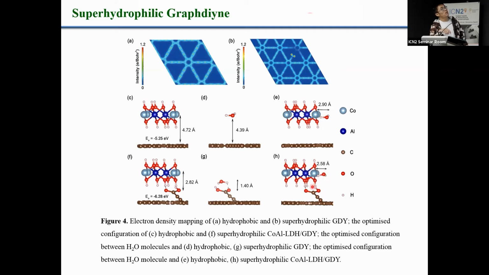That means it can promote the interfacial mass transfer, and this C-OH group also has a stronger interaction with the catalyst. It means it can also promote electron transfer. So this superhydrophilic graphene can promote both electron transfer and mass transfer at the interface.